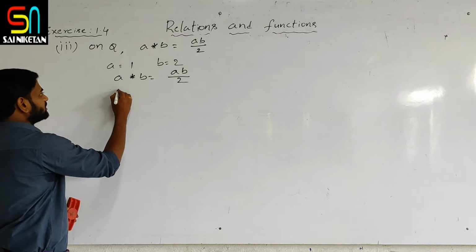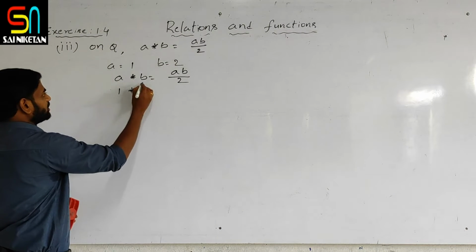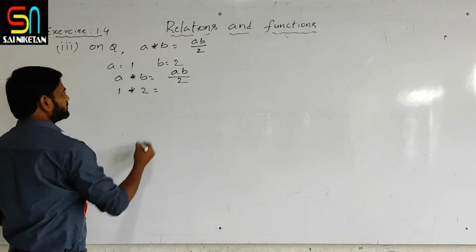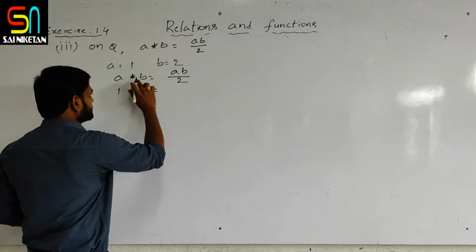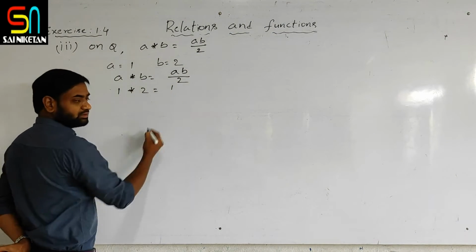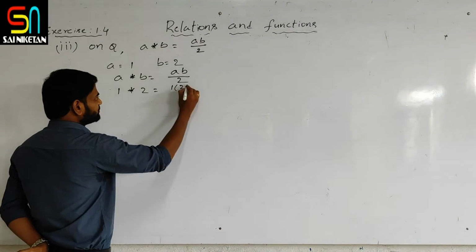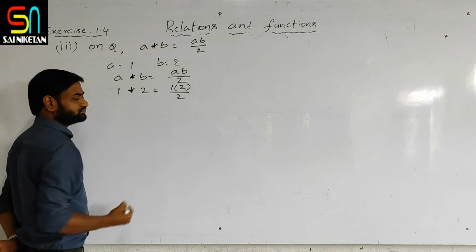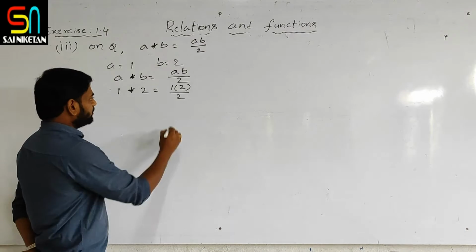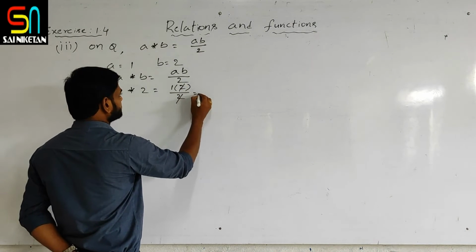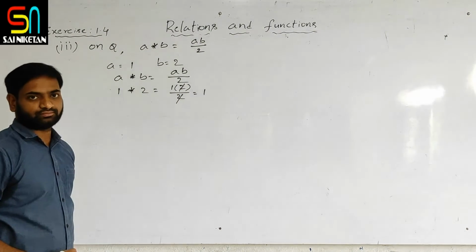Now substitute the values, A value is 1, B value is 2, that is 1 star 2, so 1 into 2 by 2. Now 2 gets cancelled. Answer is 1.